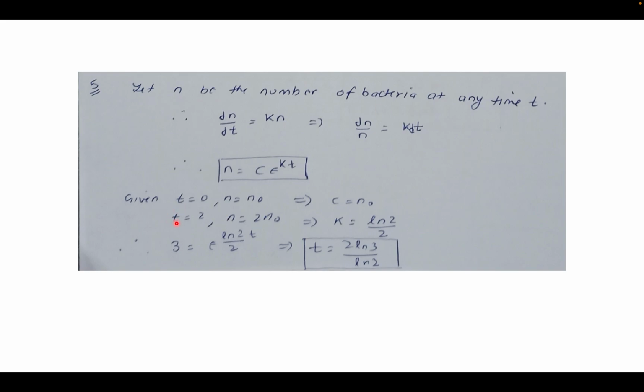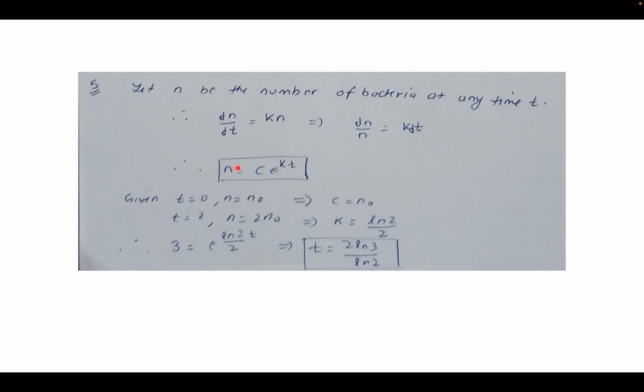From here, you already have the value of C, which you computed using the first boundary condition. From the second boundary condition, you can put these values in this equation and calculate the value of the proportionality constant, right?